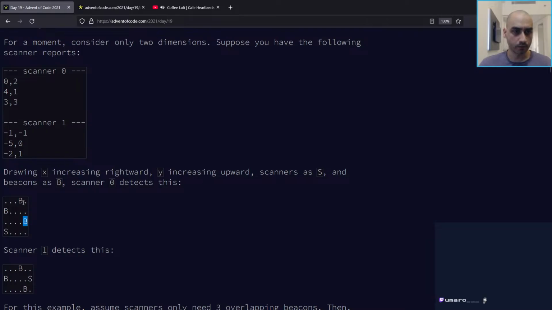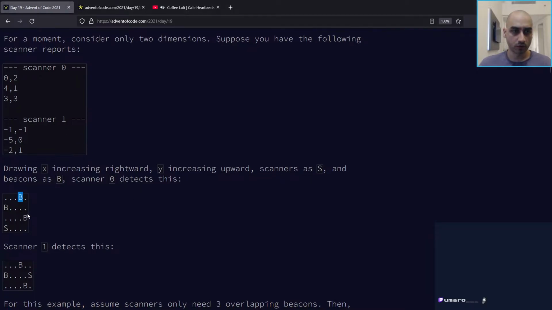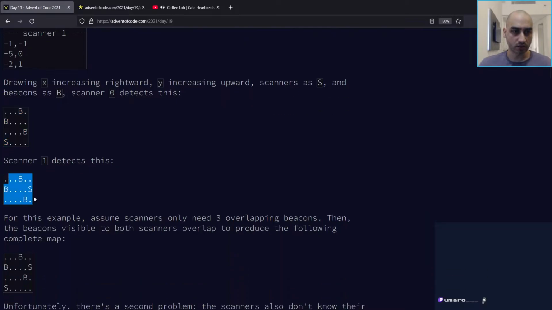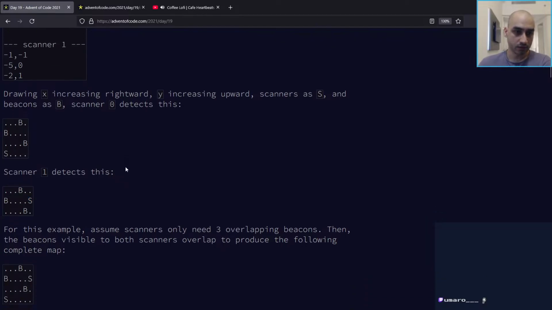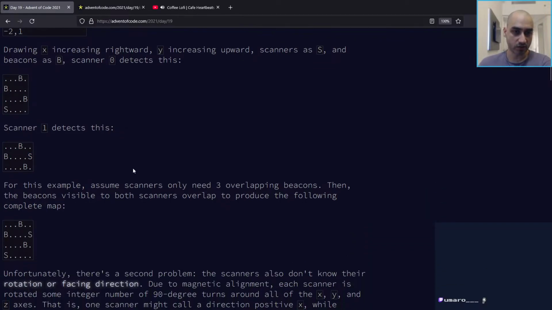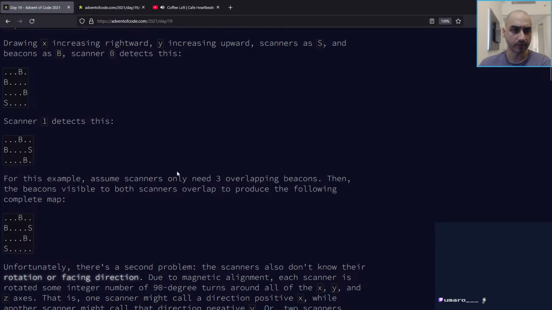Okay. That's what scanner 0 sees. Scanner 1 sees that, fine. Relative coordinates. For this example, assume scanners only need 3 overlapping beacons. Then the beacons visible to both scanners overlap to produce the following complete map.